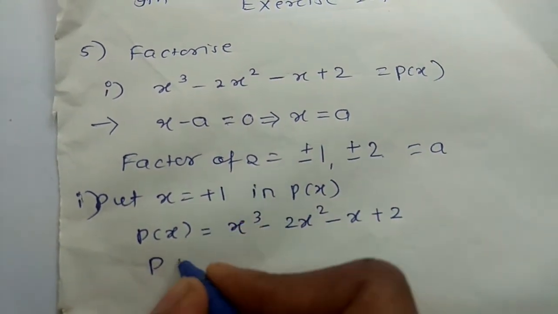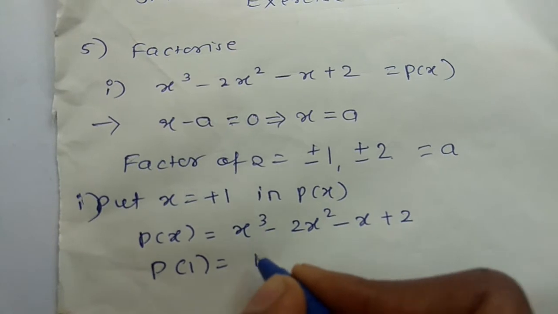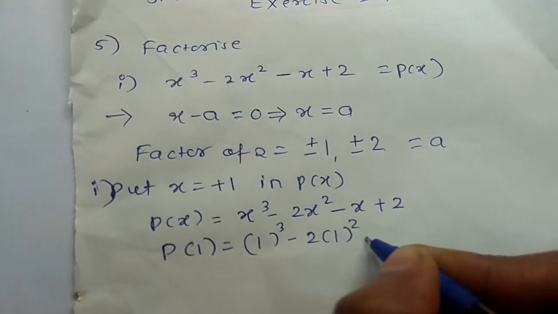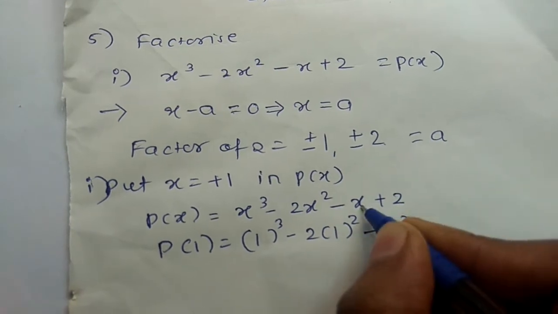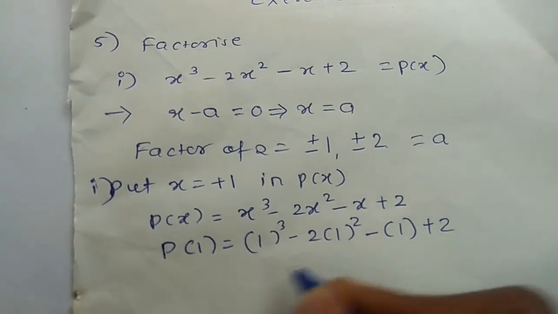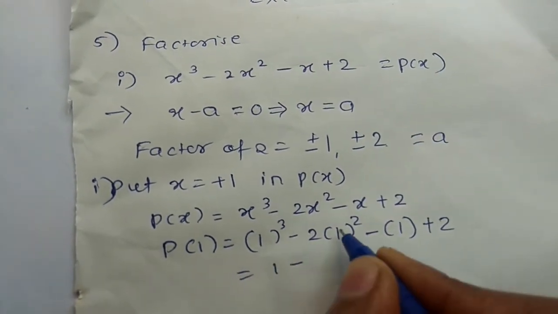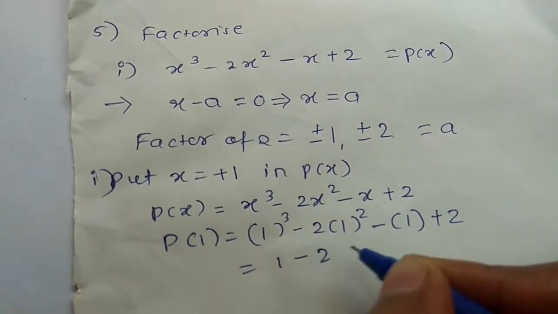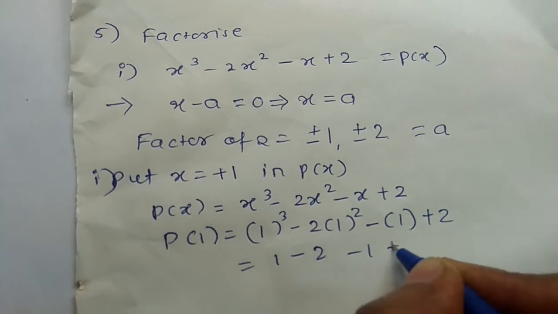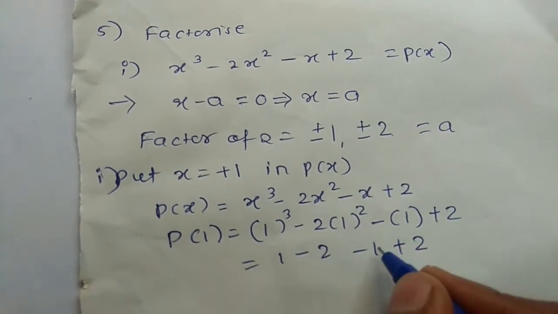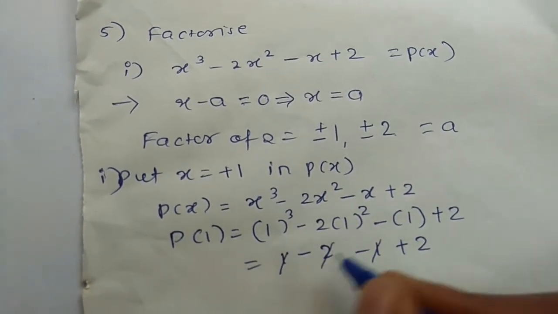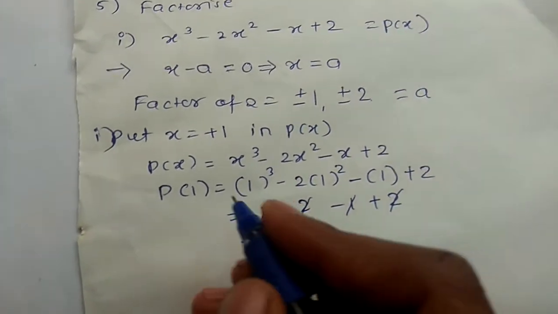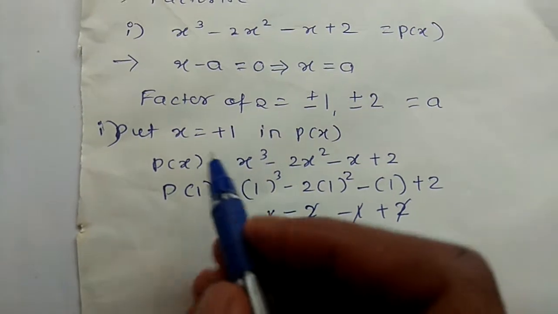At x equals plus 1, it will be 1 cube minus 2 into 1 square minus 1 plus 2. This will be 1, minus 2, minus 1, plus 2. You can see plus 1 minus 1 will get cancelled, minus 2 plus 2 will get cancelled. You got p of 1 equals 0.